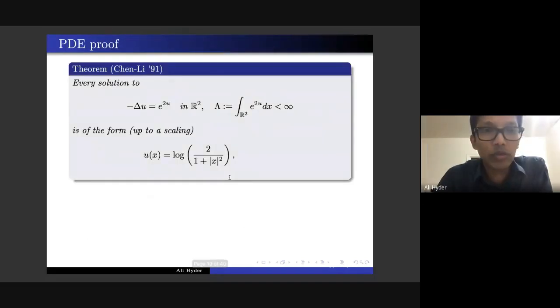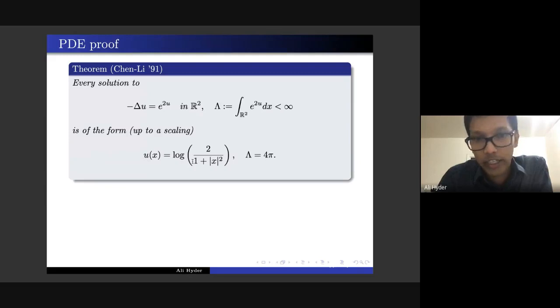Now we move to PDE techniques and the PDE approach. What I mentioned before, using Liouville's theorem, is that all the solutions to this PDE under the finiteness of this integral are of the type log 2 by 1 plus mod x square after scaling. It can also be proved using some PDE method.